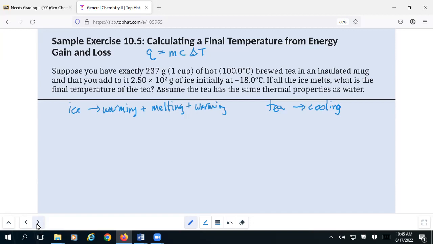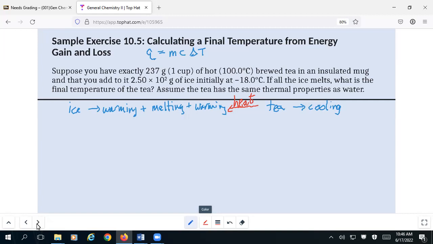Now, this is a heat transfer. We know that the heat is going to transfer from the tea to the ice. And assuming that because this is an insulated mug, the insulated mug is going to act as an isolated system, we're not going to experience any heat loss to the surroundings.